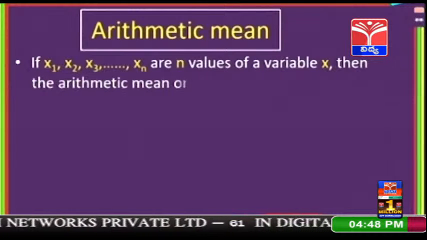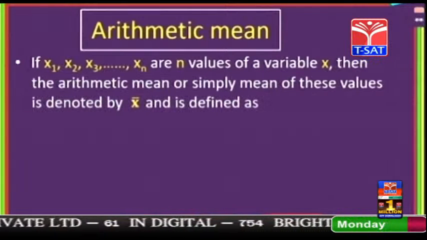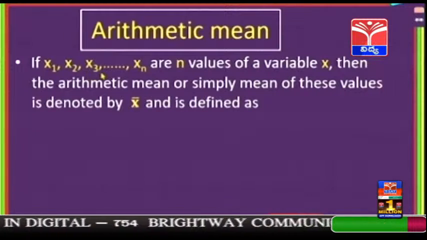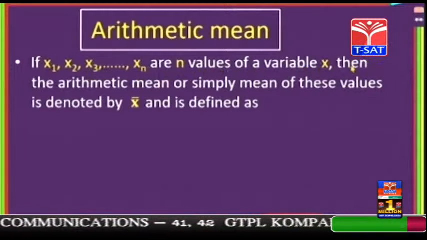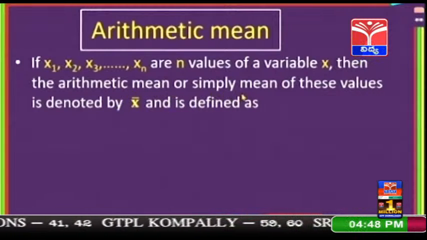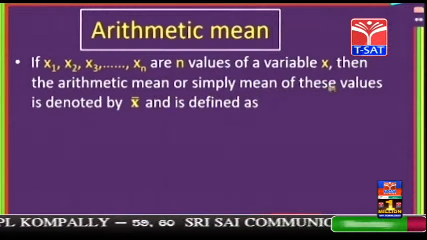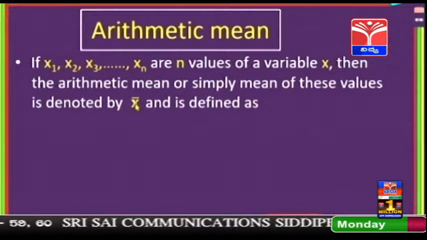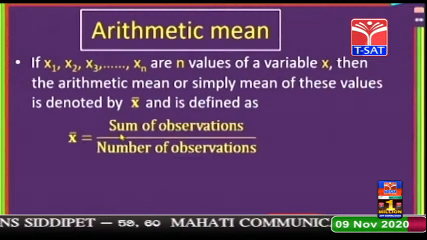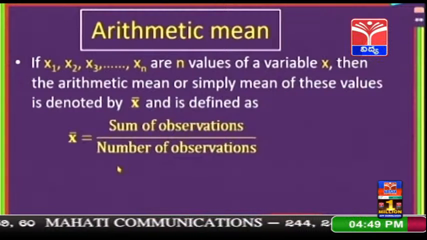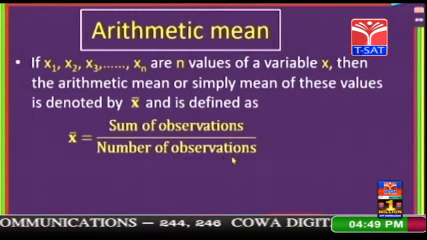The definition is, if x1, x2, x3, ..., xn are n values of variable x, then the arithmetic mean, or simply mean, of these values is denoted by x bar, and it is defined as x bar is equal to sum of observations by number of observations.